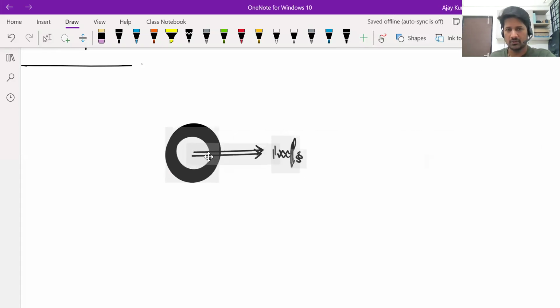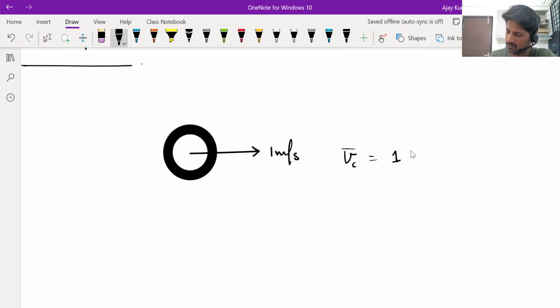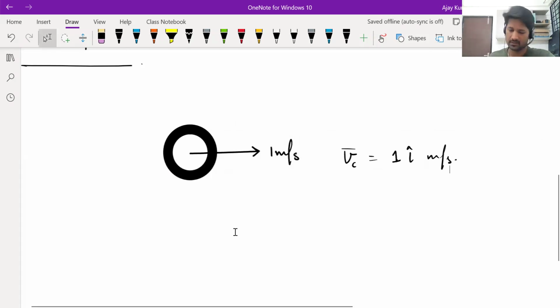So you can write the velocity of the circle as 1 i cap meters per second. Now, when the circle is going with a velocity of 1 meter per second this way, if you also move in the same direction with the same velocity.